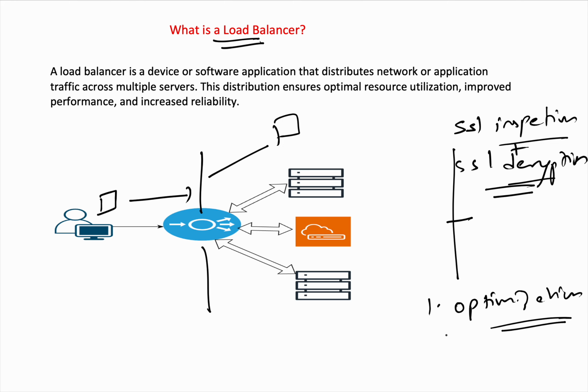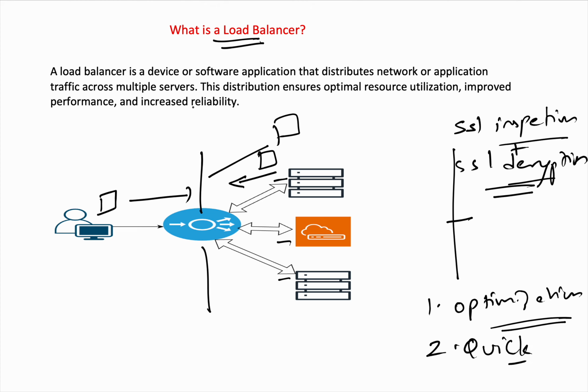In F5 we call it OneConnect. Why is it called OneConnect? Because the load balancer already has connections for you in the backend, with all three servers. Now when you make a request, the load balancer can consolidate all the requests, send them to the server and get you the data back. So it's quick.